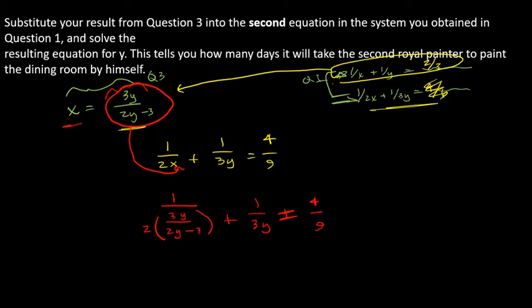But remember what I touched on in the last slide: by rearranging everything and putting everything together, it turned out that I could just flip everything over and take the reciprocal. So if I take the reciprocal of all of this, I could rewrite this. The reciprocal of this would be 2 times 3y over 2y minus 3 plus the reciprocal of this, 3y, equals the reciprocal of that, 9 over 4.